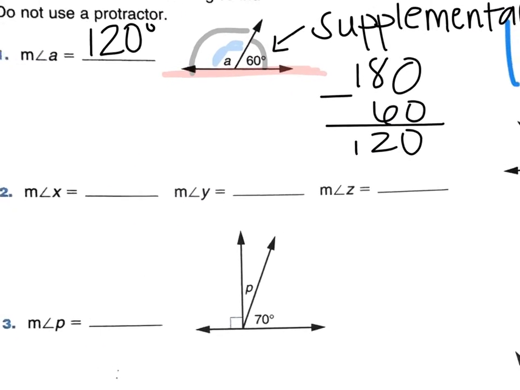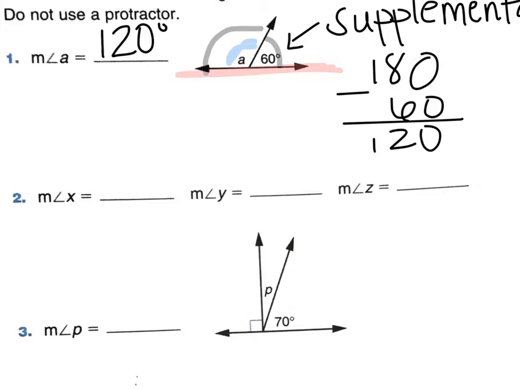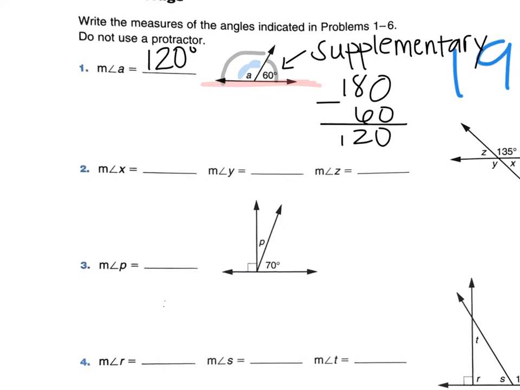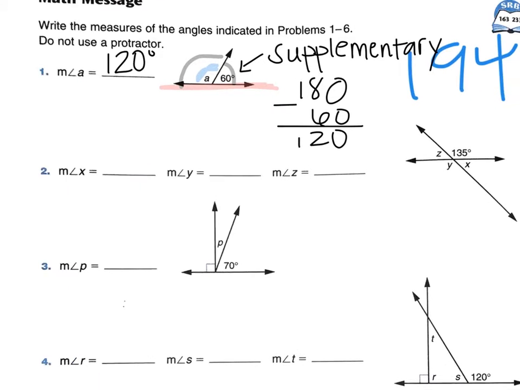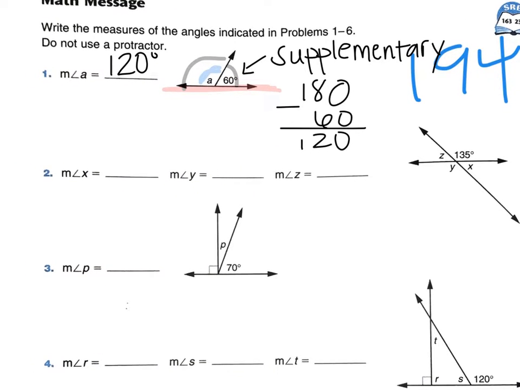We will move on to things a little bit more difficult, and I'm going to erase some of that so that we don't have to look at that, but I'll just keep going for now. So now we're going to try to figure out the measure of angle X, Y, and Z. So I want to start off with this, but I want you to finish it. You're going to finish this whole page on your own. When we look at this angle over here, I have a straight angle or a straight line and another straight angle or another straight line.